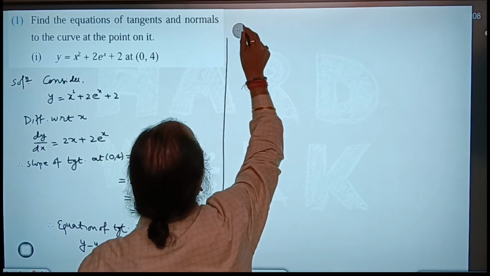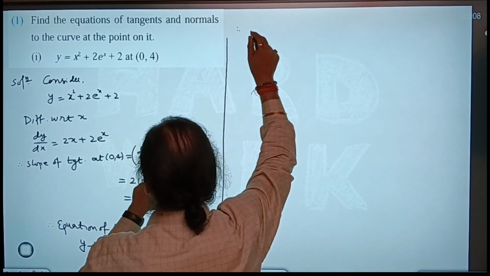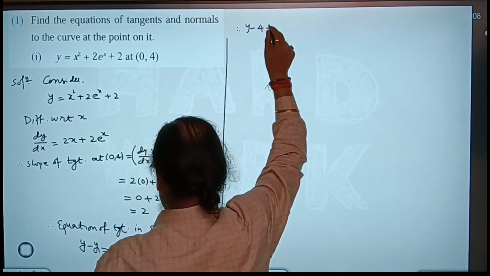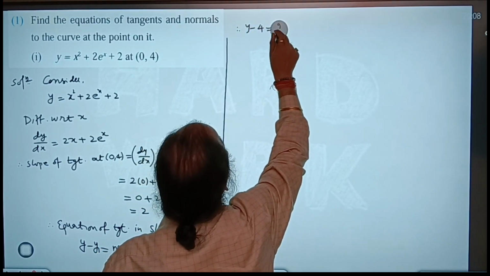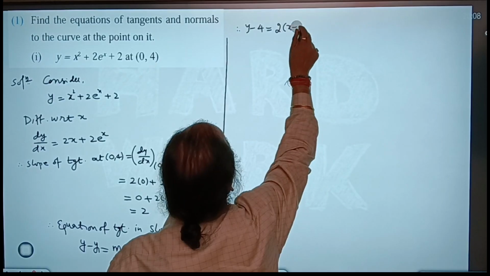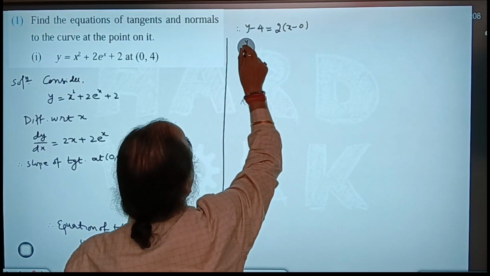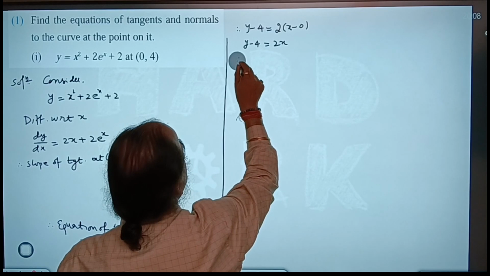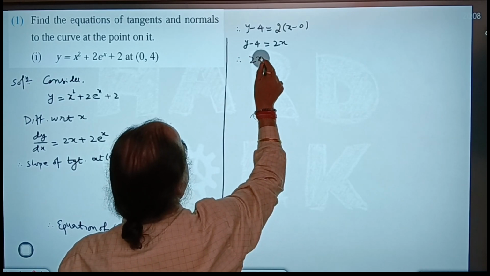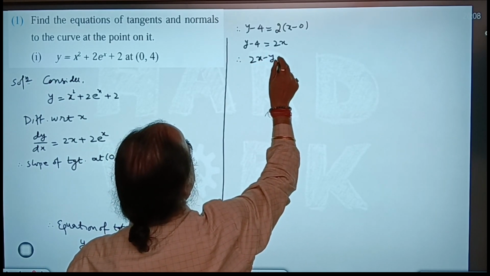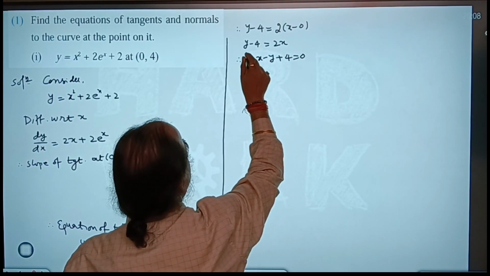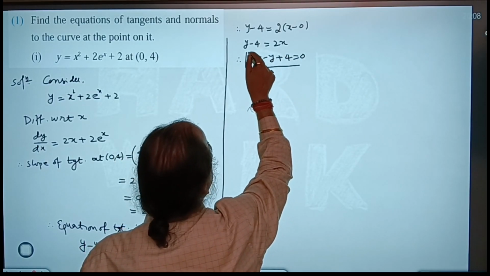Therefore, y minus y1 is what? 4. Slope we got 2 into x minus 0. So y minus 4 is what? 2x. So 2x minus y plus 4 is equal to 0. This is equation of tangent.